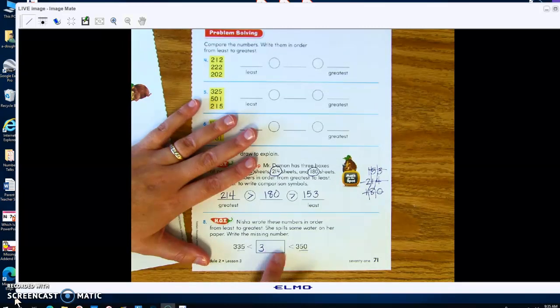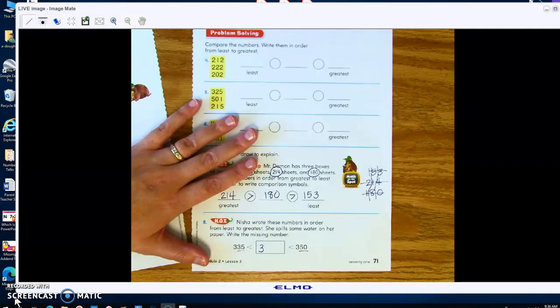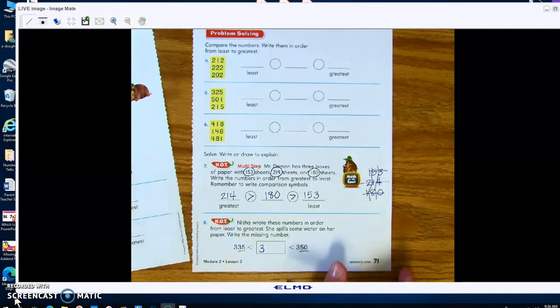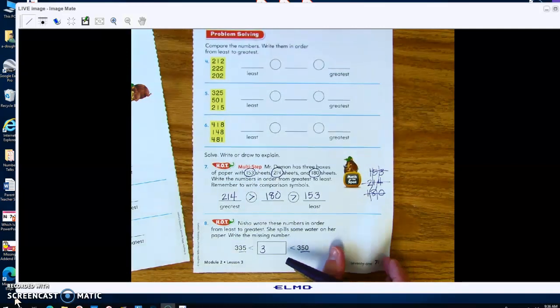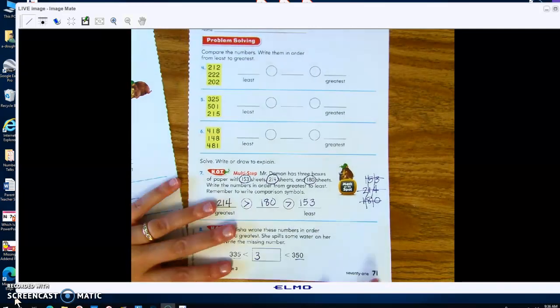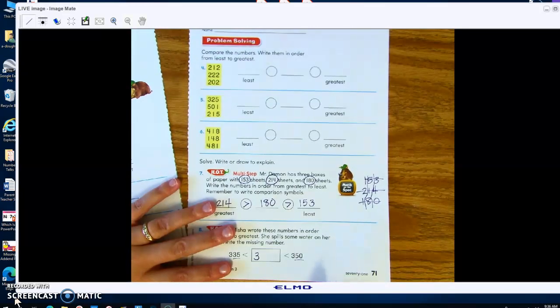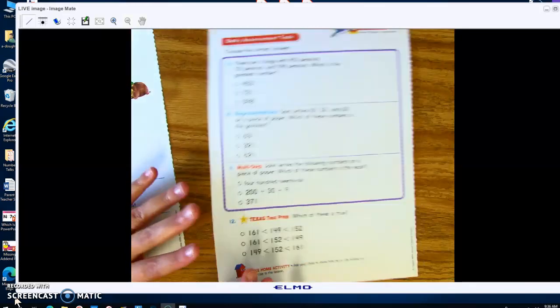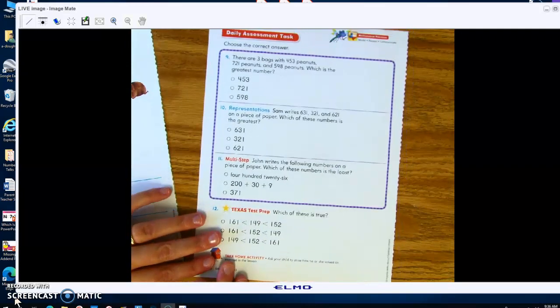Bigger than 35 and smaller than 50. Yep, you can. That would work. Now go to the back when you're ready, to the next page.